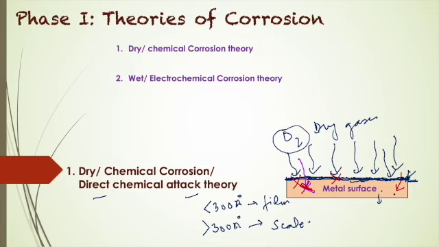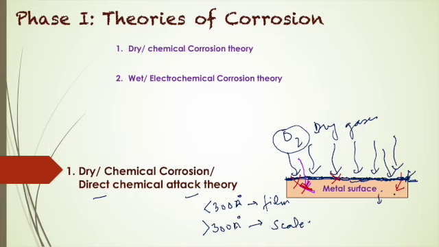And yes, of course, there are a few exceptions. What are those exceptions? Gold, silver and platinum. So practically all the metals except gold, silver and platinum are oxidized at high temperatures. So there comes the concept of dry corrosion theory or direct chemical attack theory.